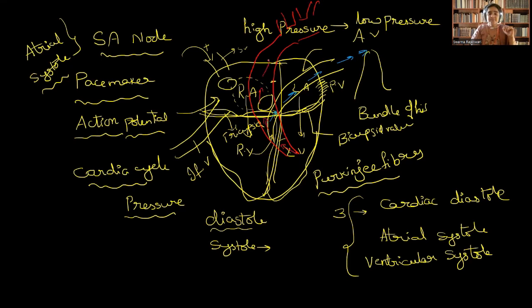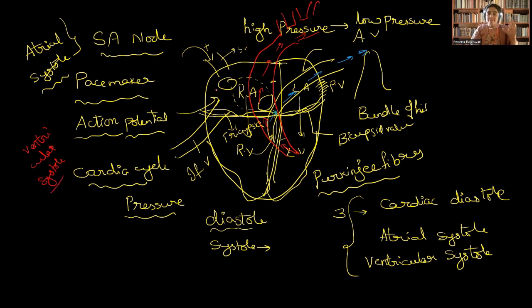The pure blood from the aorta is sent out, which is carried to the different parts. So this is about the entire cycle occurring in the ventricle. It is ventricular systole. Are you clear up to here?